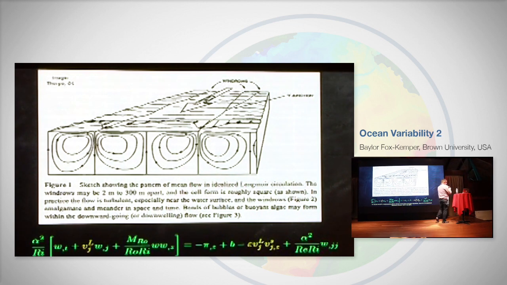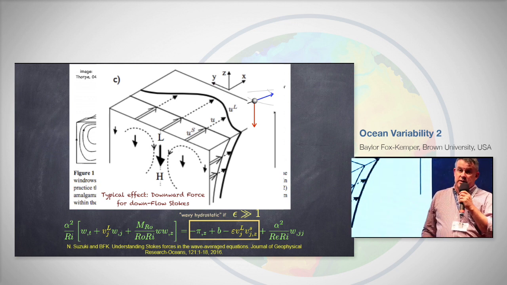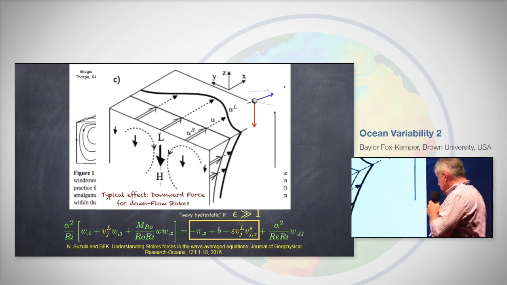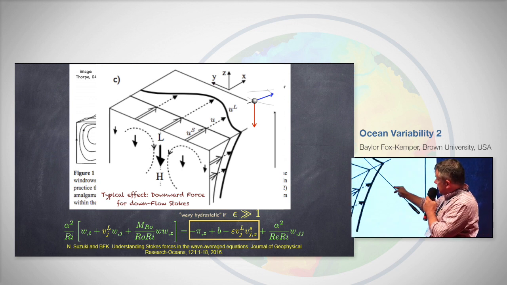So let's think about how that term works a little. Okay, here we go. If we have that same circulation before where we have a little surface jet and the Stokes drift is going in the same direction as the surface jet, this term says, here's the direction of my Lagrangian velocity.